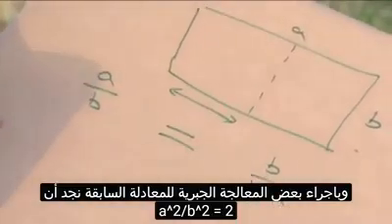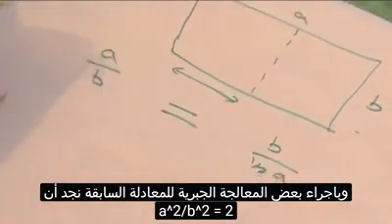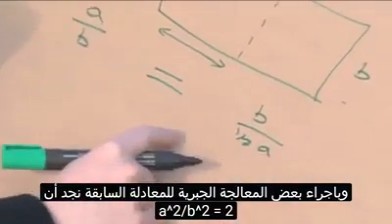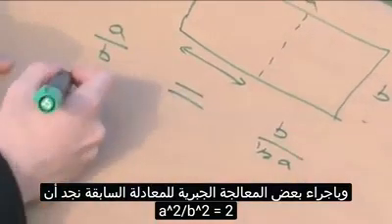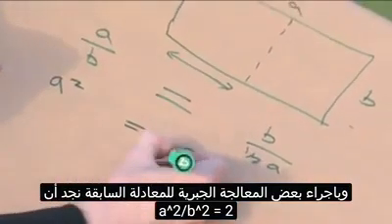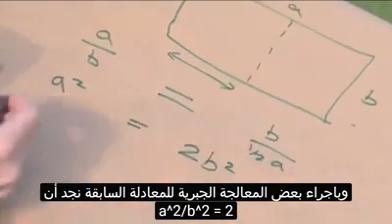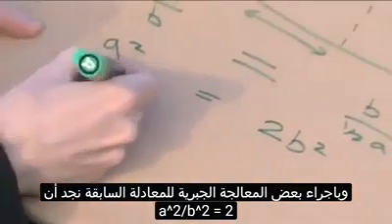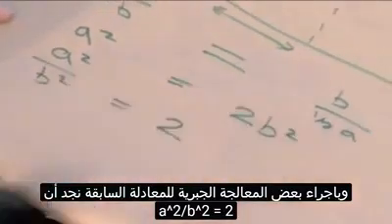So all you have to do now is rearrange this, play with this a little, and let's see what we get. Okay. Let's take the B's over this side, the A's over this side. If you play with it, you'll get A squared on the left and 2B squared on the right hand side. Or in other words, A squared divided by B squared equals 2.